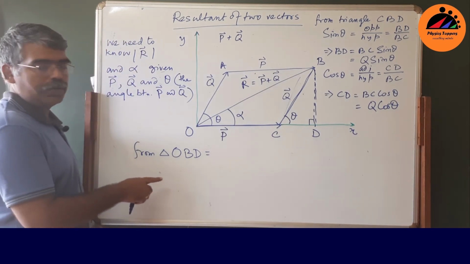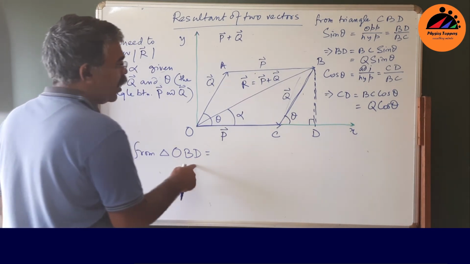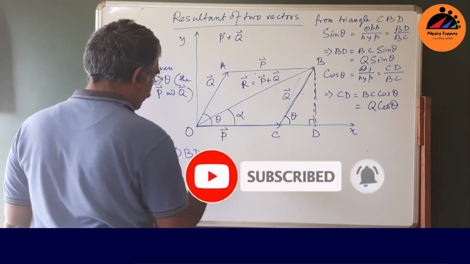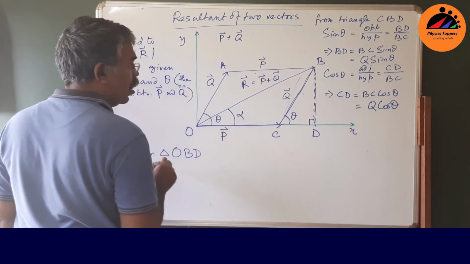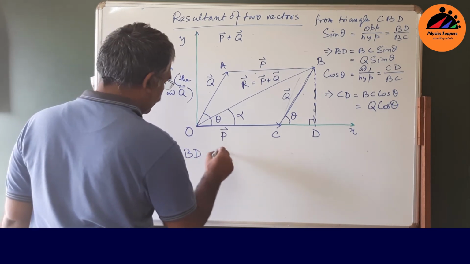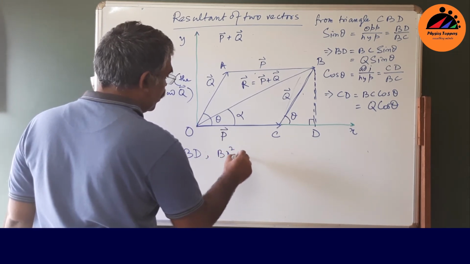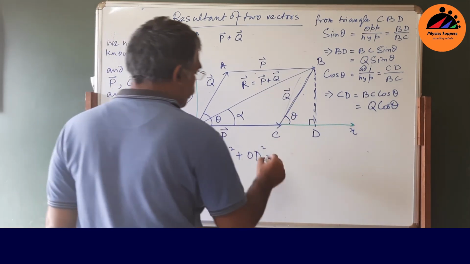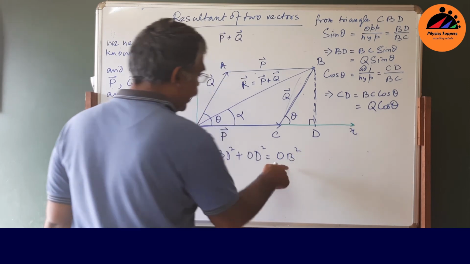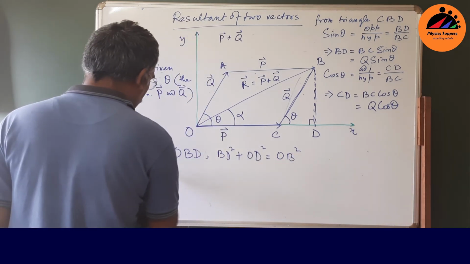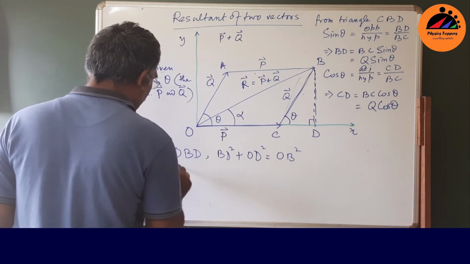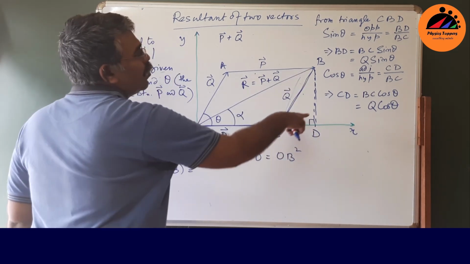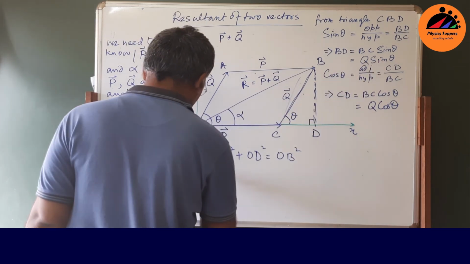From this triangle, BD square plus OD square is equal to OB square. So I need OB square. What is BD square? BD we have already found, this is Q sine theta.